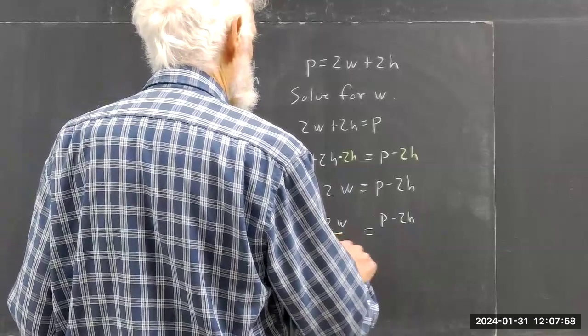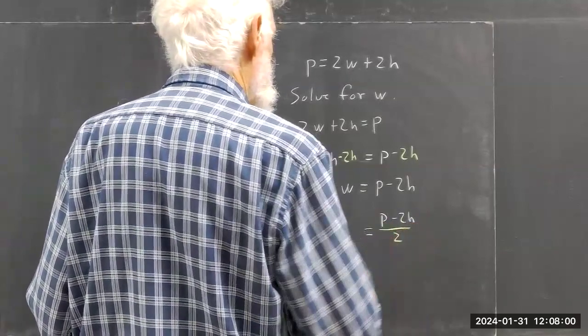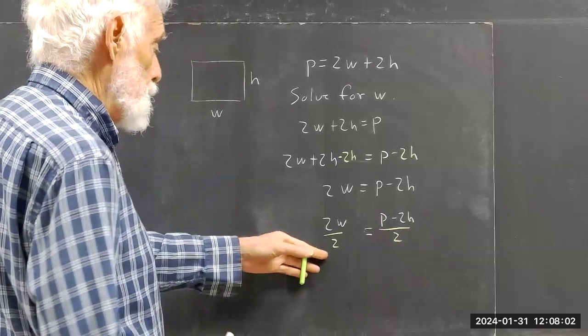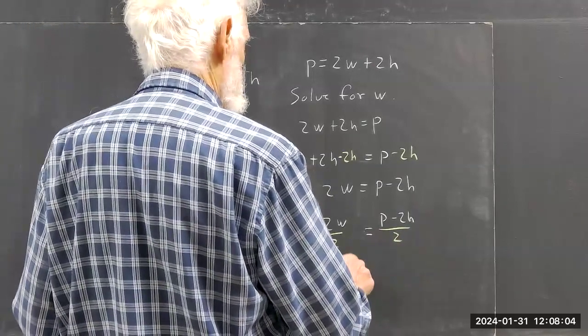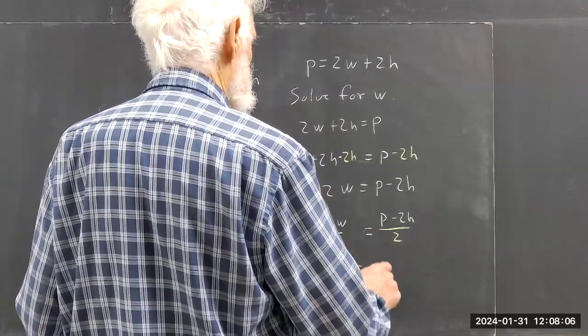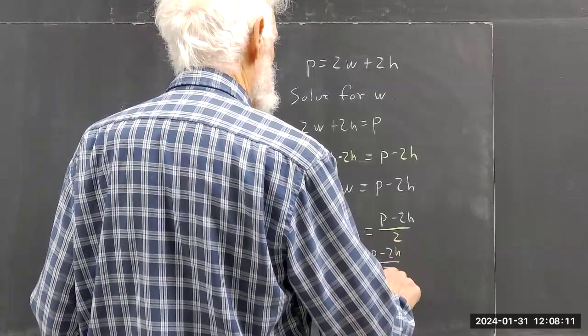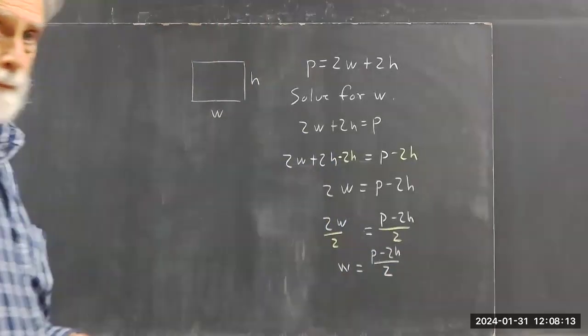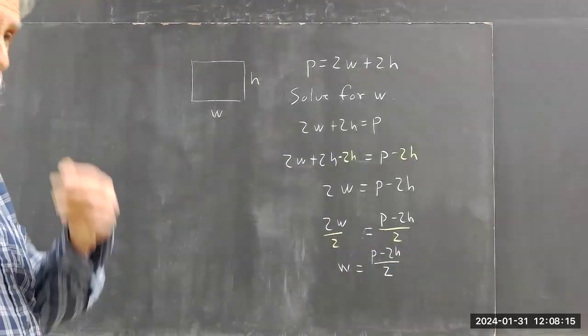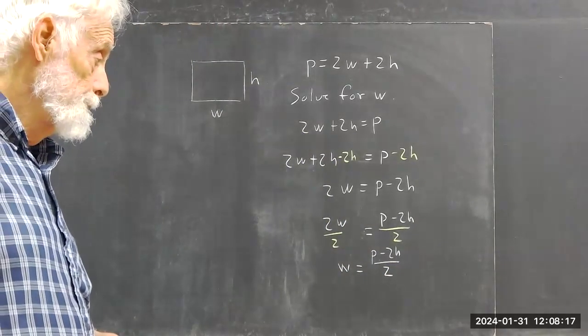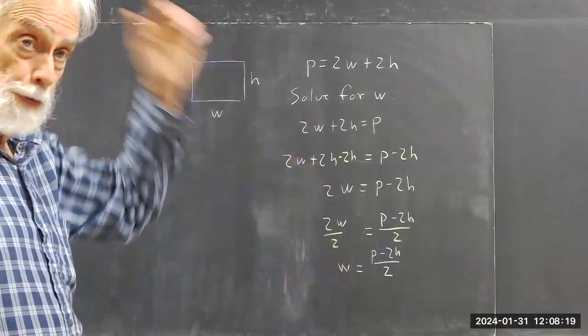If we divide both sides by 2, the 2 divides the 2, and we get W equals P minus 2H over 2. So we just solved the equation for W.